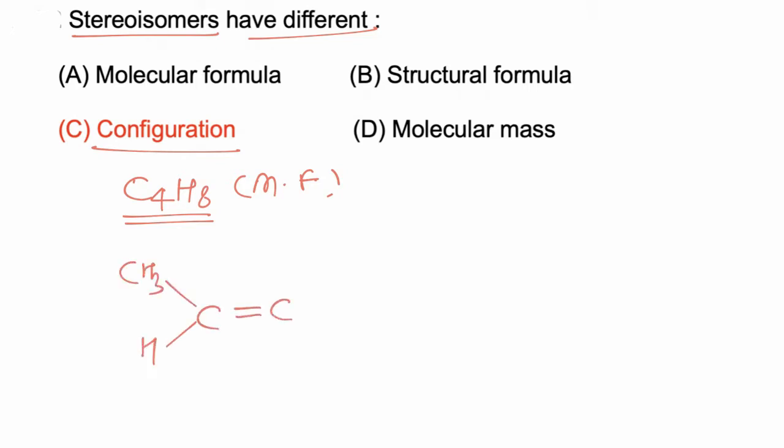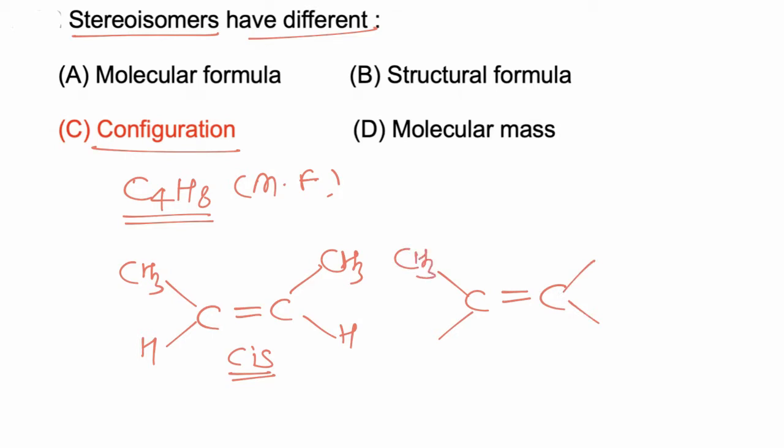This molecule is butene having both CH3 units in the same direction, so it has cis configuration. In the other molecule both CH3 groups are attached in opposite directions, so it has trans configuration.